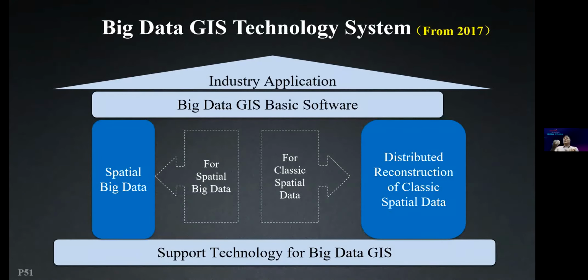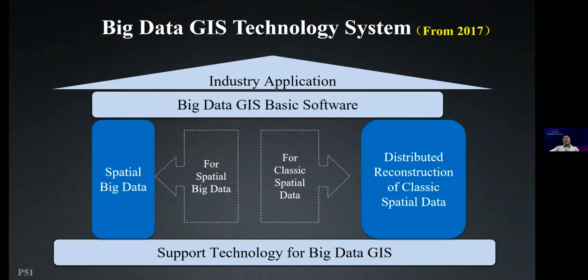Such as big data collected from mobile signals: the data volume is very big, but if we don't dig out the value of this data, we can only get a little knowledge from it. But classic spatial data also has a feature similar to big data. For example, if we have the land use data of the whole country, the data volume will be very big, but every piece of data is very useful.